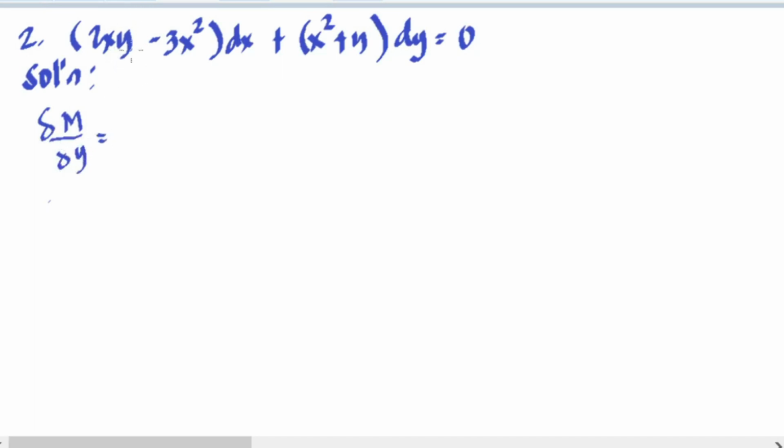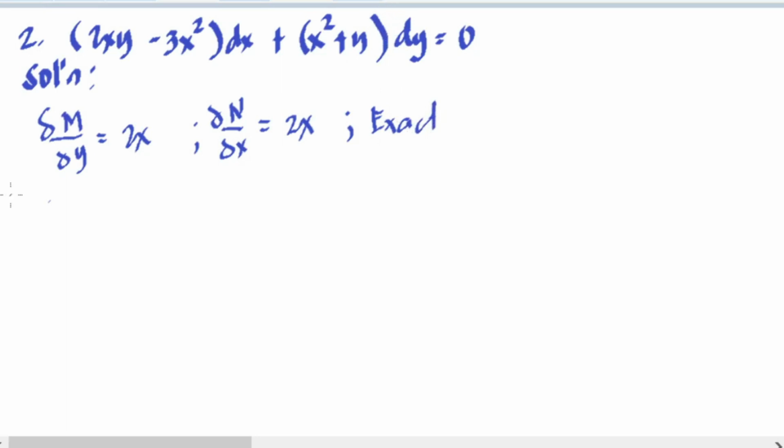So this is our m with respect to y. So what is it? We have 2x, right? So the partial derivative of n with respect to x is equal to still 2x. Therefore, this equation is an exact equation.